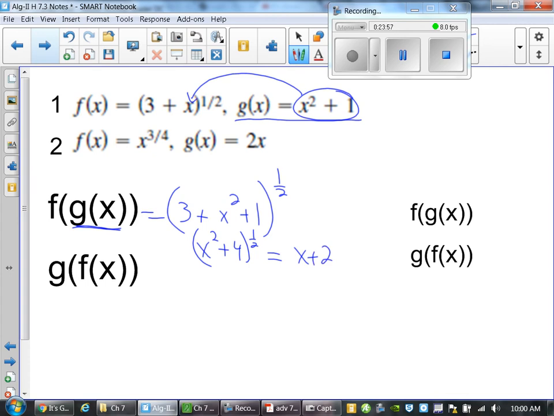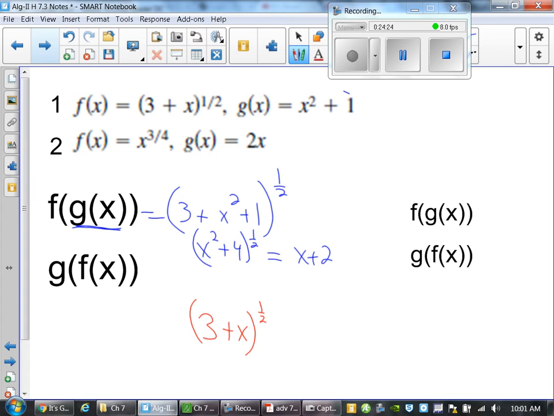And then I would do the same thing, go the other direction. Going the other direction says to start with the f of x equation. When we start with the f of x equation, we write it down. 3 plus x to the 1/2. And then I surround that with the g of x equation.